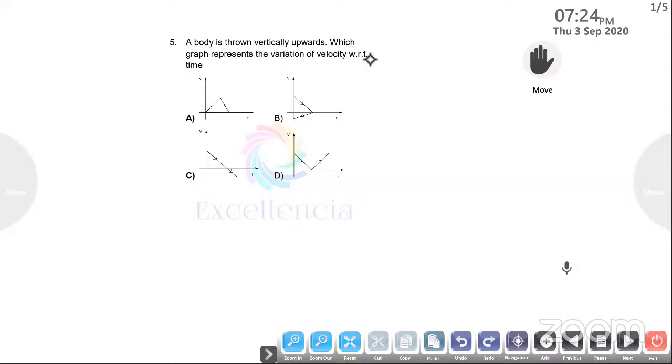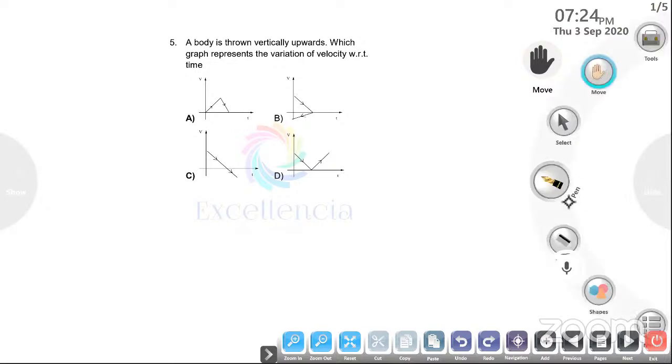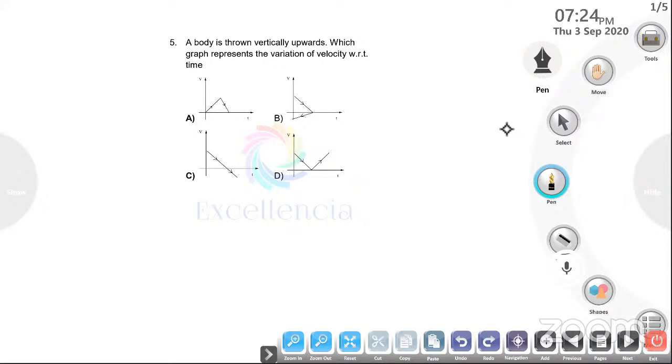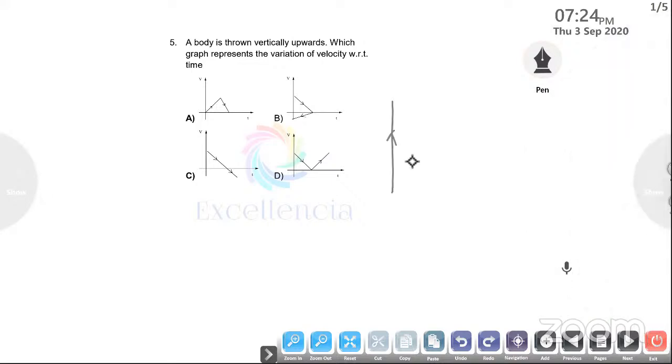So the initial velocity is, let us say, positive, and as the particle is going up, its speed gets decreased. But when the particle is going up or coming down after reaching the maximum height, it doesn't matter. Always it is experiencing the force in downward direction, that is weight of the body. So here always the particle is accelerating in downward direction.